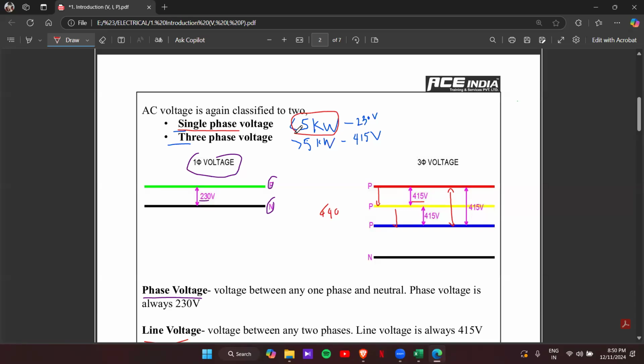So if your total connection load is less than 5 kilowatt, you will get single phase connection. That doesn't mean you can't use up to 5 kilowatt. You can use up to 5 kilowatt. If your load goes above 5 kilowatt, you have to change to what? Three phase. This means 5 kilowatt is the maximum power which you will get in single phase.